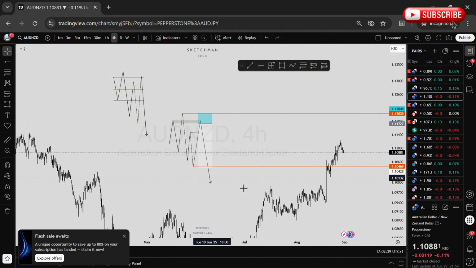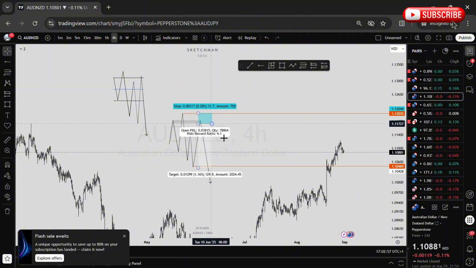This is a very, very good setup for me. Out of like 10 trades, I usually don't even expect losses on this type of setup, but out of 10 trades I would see I get 7 wins and all that.